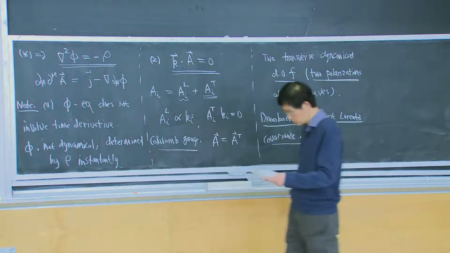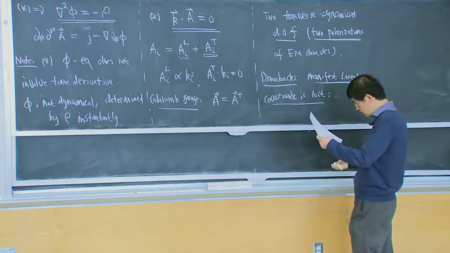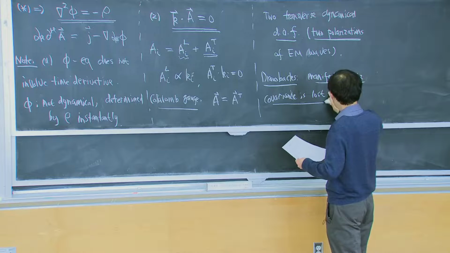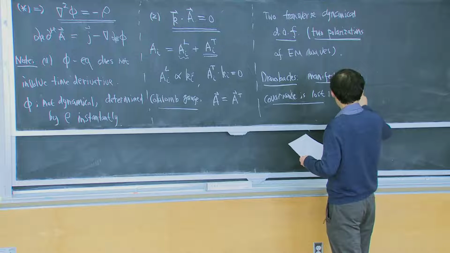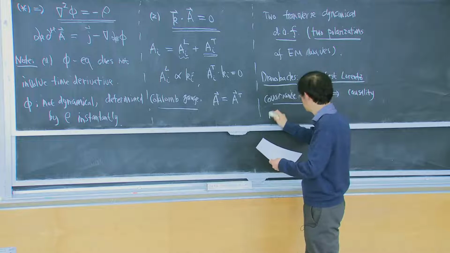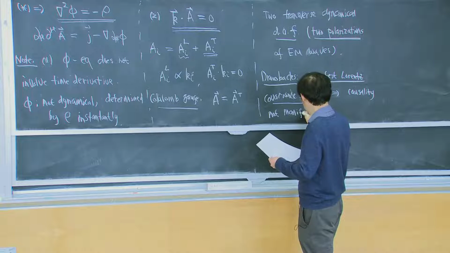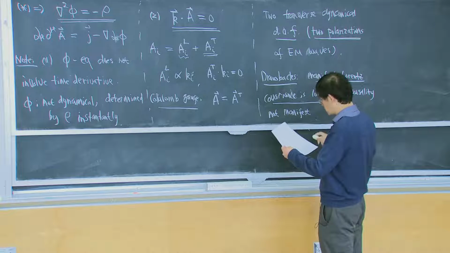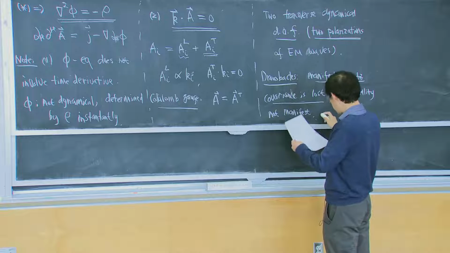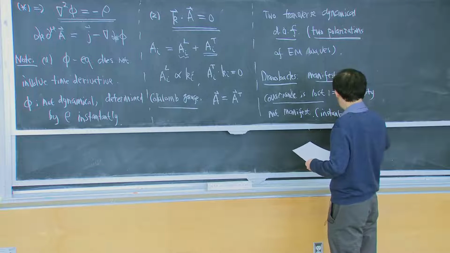The underlying physics is certainly not like that. So, for example, one consequence is that causality is not manifest, because you have instant action at a distance.